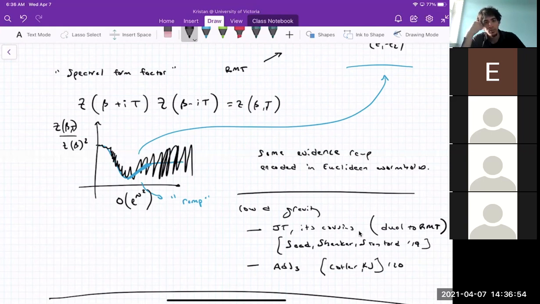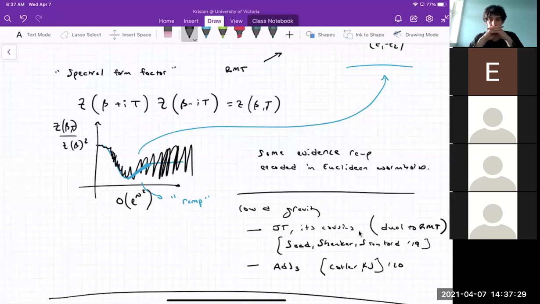Is that true, for instance, in a large N vector model? I don't think so, just because the density of states isn't high enough. Okay. There's a lot of operators, but if we're talking about a weakly coupled large N theory, then the operator dimensions are too spread out. In general, they're too close to their free field values in order to form a very fine Dirac comb. I see.